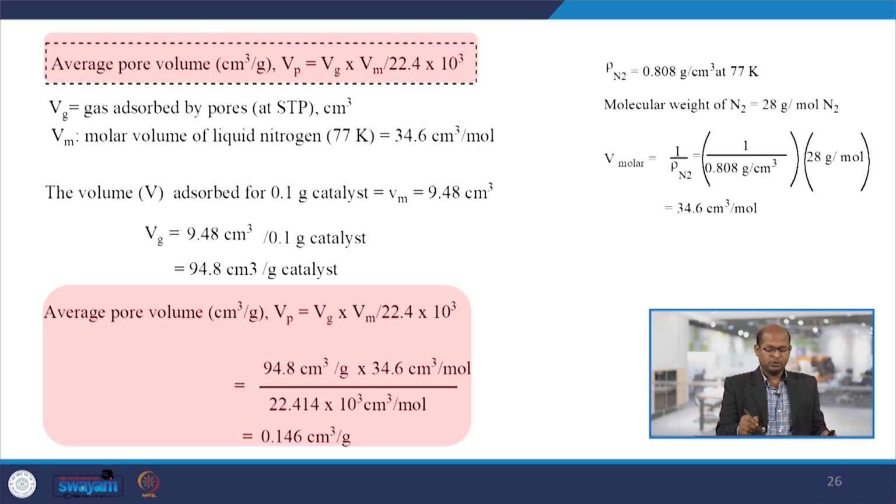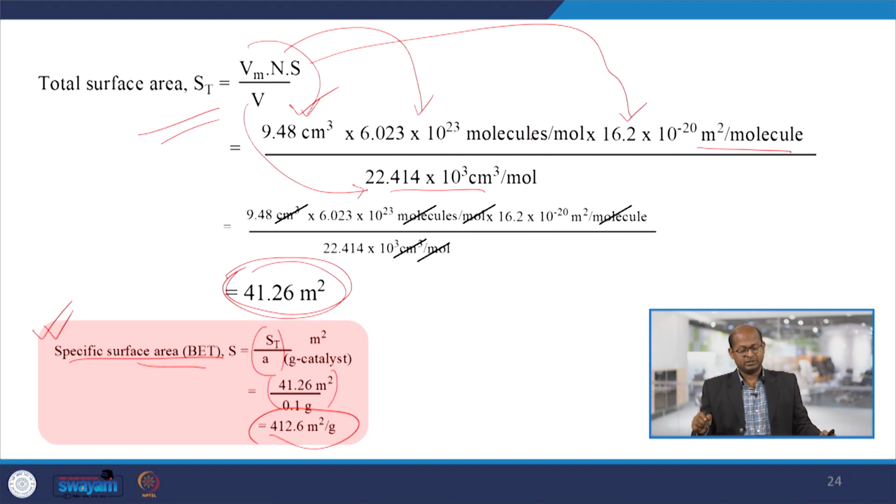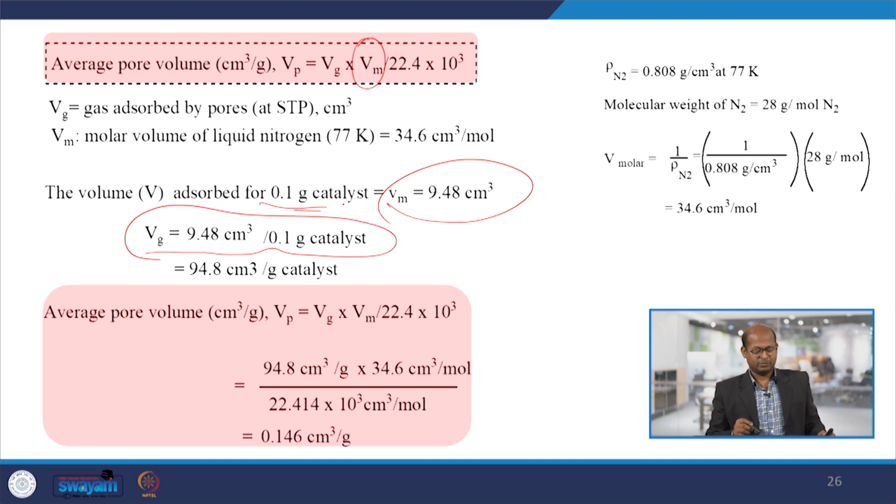Once we know the molar volume, from these equations Vm we have calculated as 9.48, so 9.48 we can substitute here. Vg is the amount of gas adsorbed, the total volume of nitrogen gas that 0.1 gram of catalyst adsorbed. So, Vg equals this.